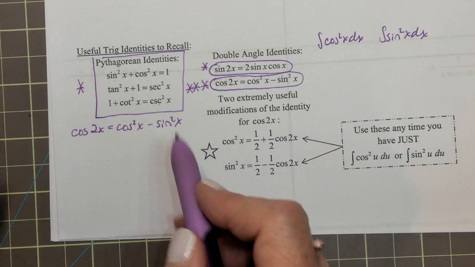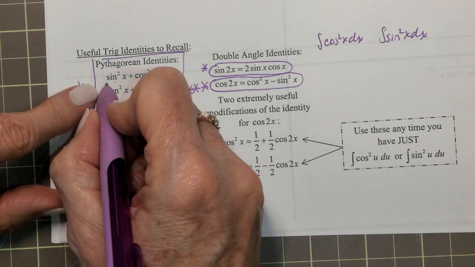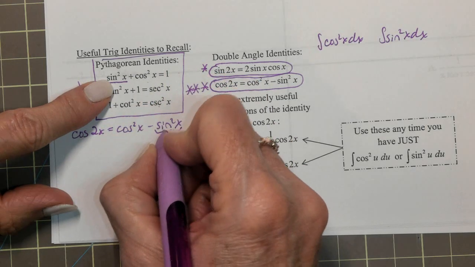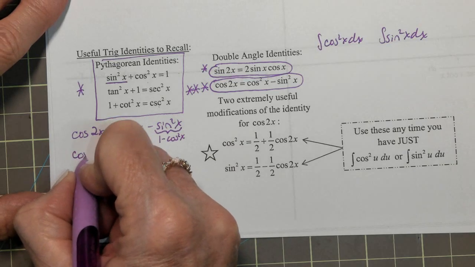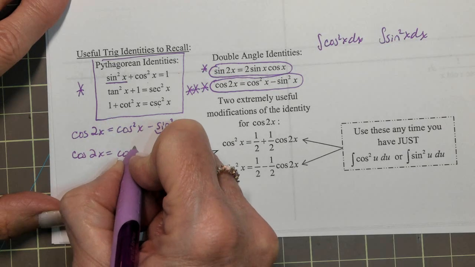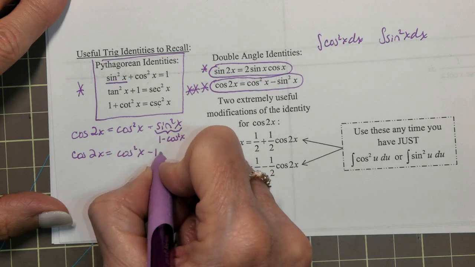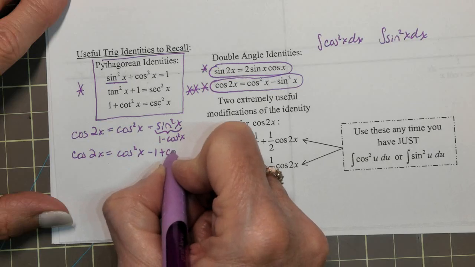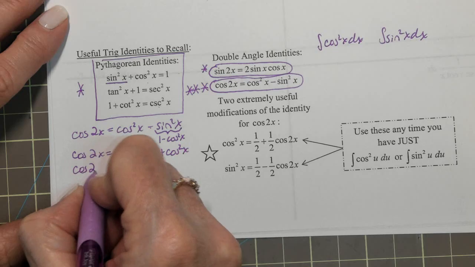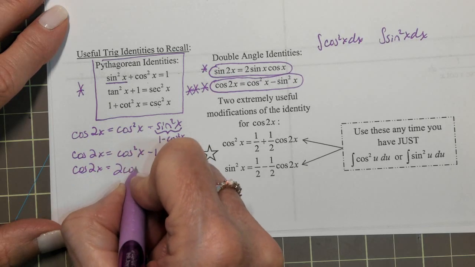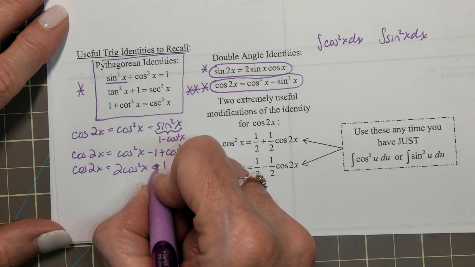If I take this and if I replace sine squared x by 1 minus cosine squared x, then I will have cosine of 2x is cosine squared x minus 1 minus a negative cosine squared x, so that'll be a plus a cosine squared x. That means that we have 2 cosine squared x plus 1 over there. I'm sorry, minus 1 over there.